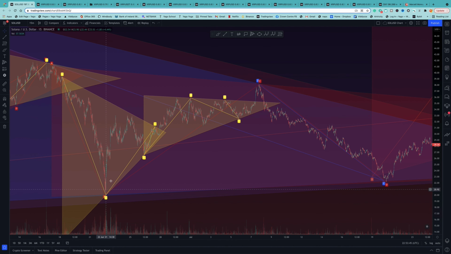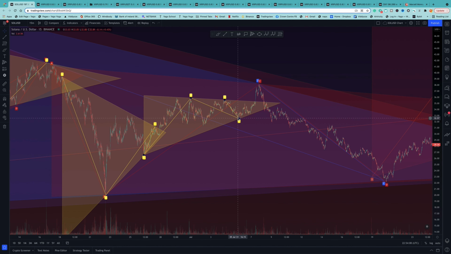Of this impulse here, 1, 2, 3 even, 4, and 5. So now this impulse, I can map it. But hang on a sec, on the 15-minute, it's going to go to here, it's going to do mountain peak, and then I know it's going to go down.